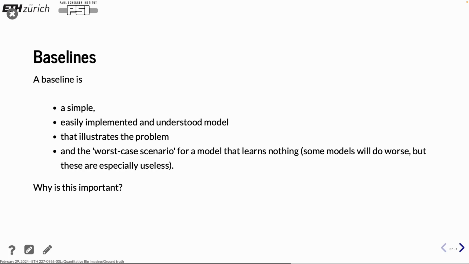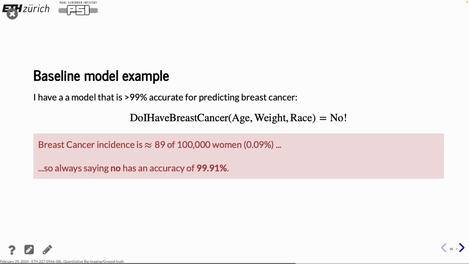And there could even be use cases of it that are completely useless. Why we need this is to have something to benchmark our real development against. So let's say we have a baseline model which says that it is more than 99% accurate for breast cancer.